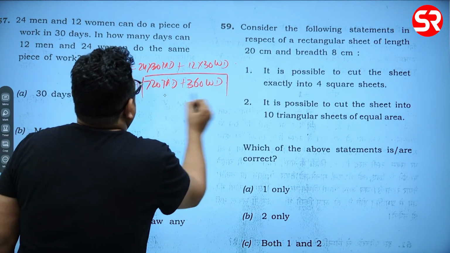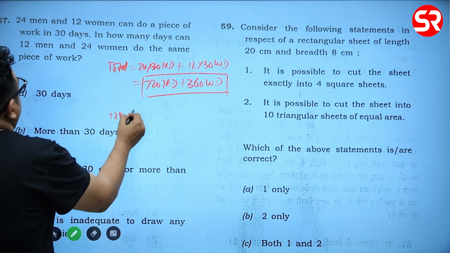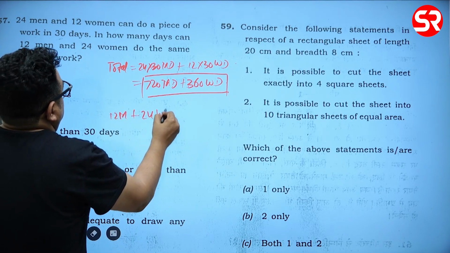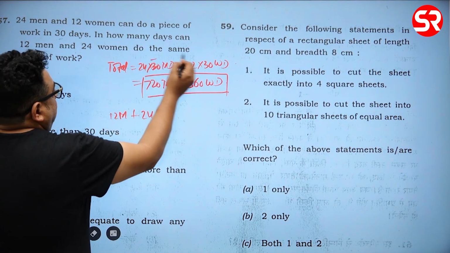So the question is, in how many days would 12 men plus 24 women do the same work? 12 men and 24 women. Now guys, come on. This was 24 into 30 over here, 12 into 30 over here.